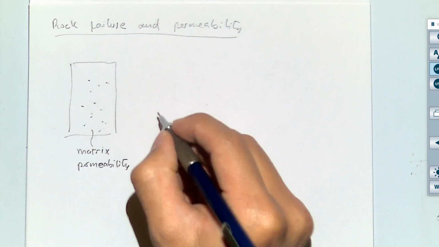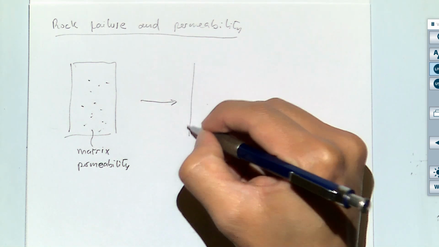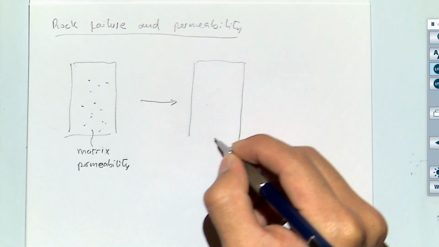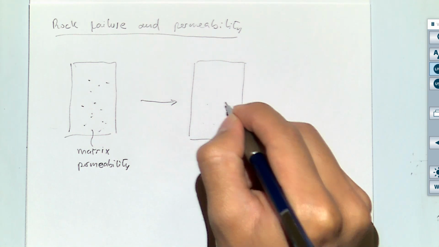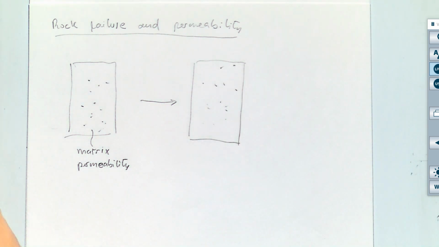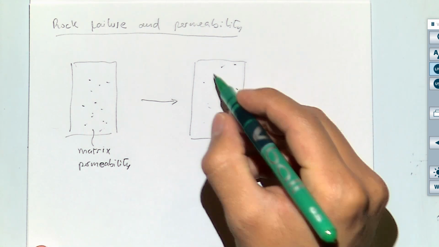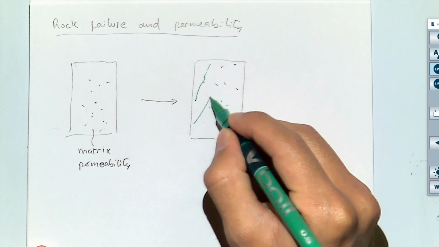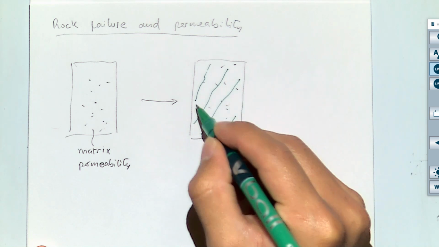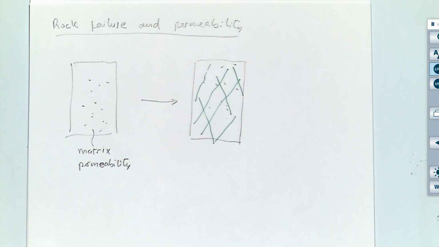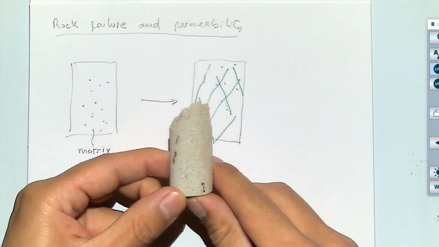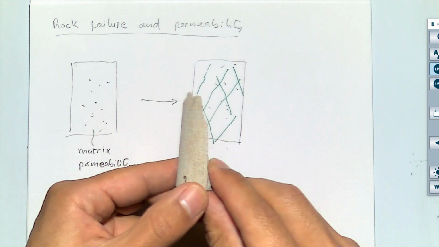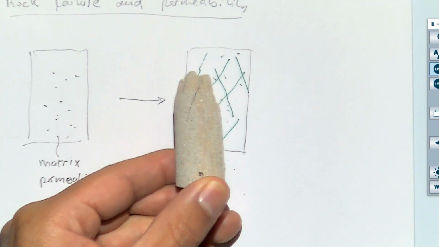And what happens with that rock when we fail it and we create some fractures? Sometimes we can have shear fractures, like, for example, the ones that you can create with axial compression. So let me zoom in here.